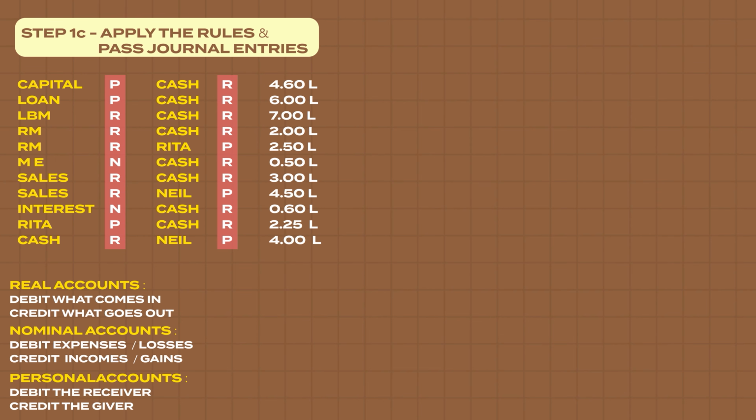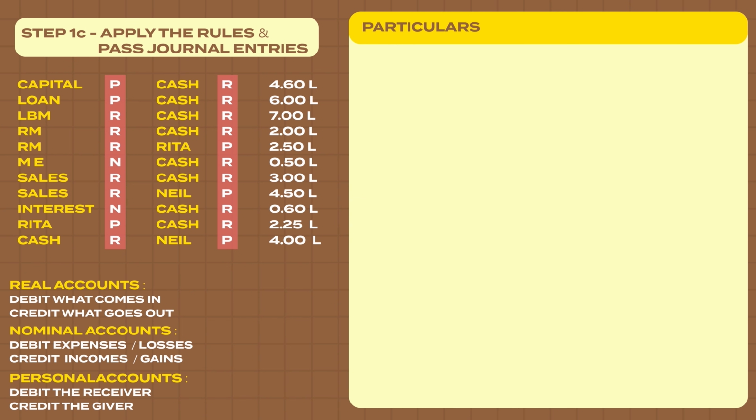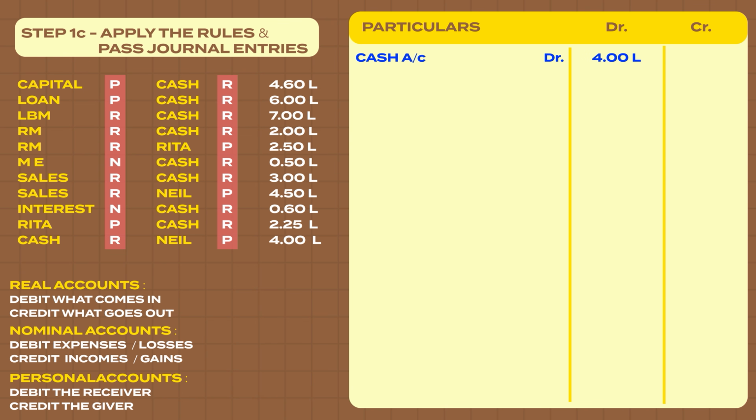So we will write, there used to be a book called journal. Nowadays everything is automated. The journal would have three columns, particulars, debit column, credit column. So we will write in the particulars column, cash account debit. And then in the debit column, we will write 400,000. And second account head is capital. Capital is personal.